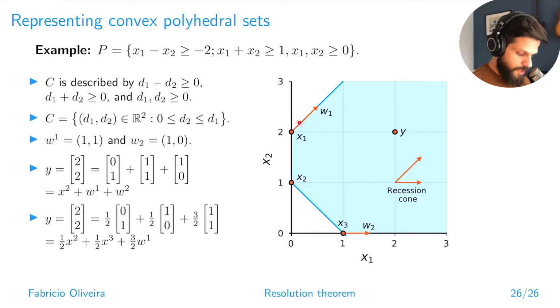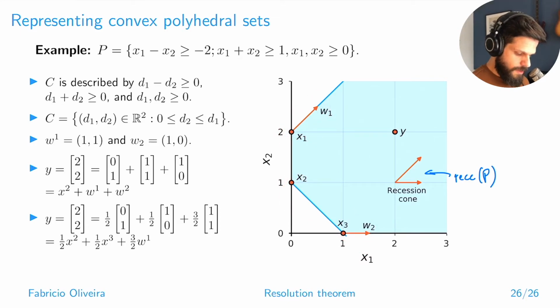So if I put these two together, anywhere I choose this point, I get my recession cone, like we saw. So this thing there is our rec of P. And any direction in here is a ray, with these being extreme rays.